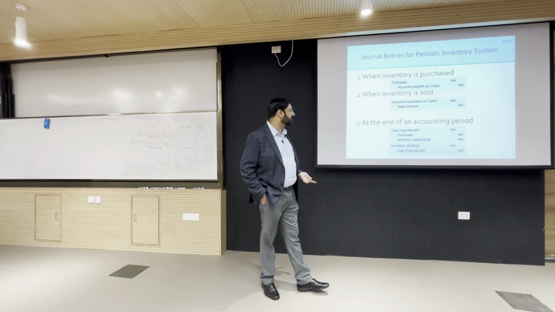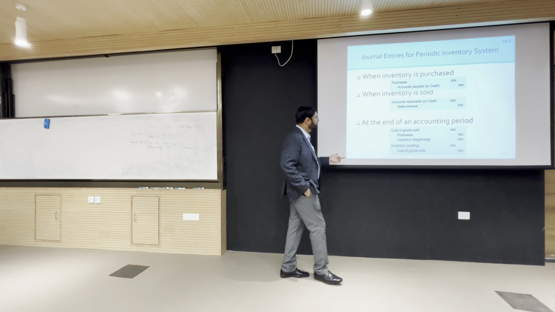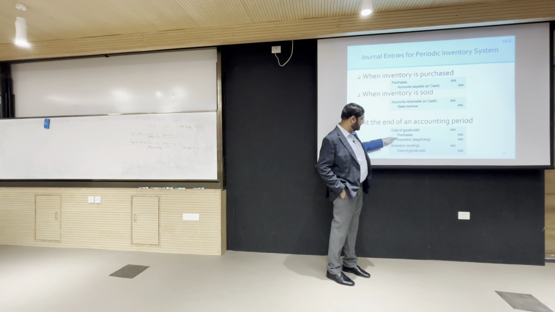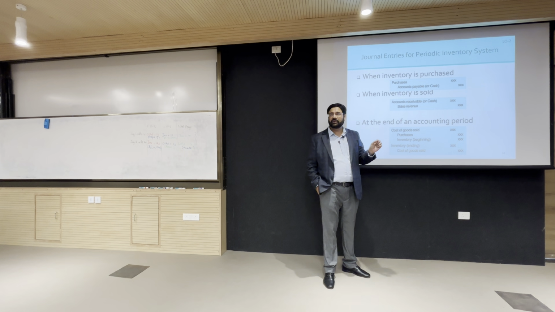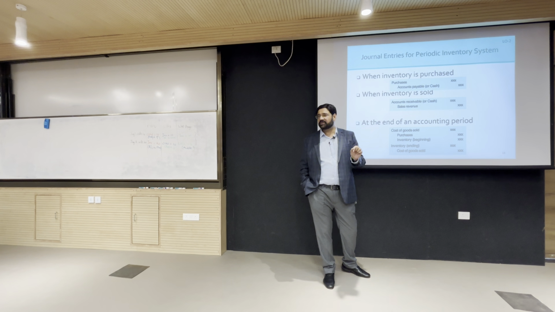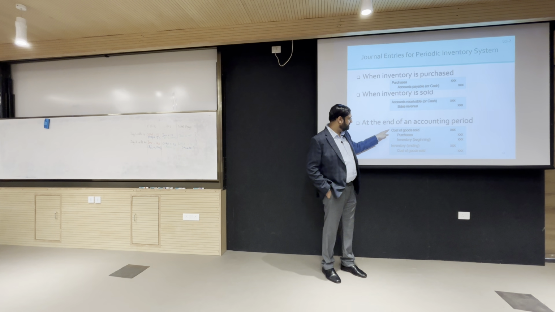And then what do you do at the end of the accounting period? Look at this. What we just saw in the previous slide was opening stock plus purchase minus closing stock is cost of goods sold. So opening stock plus purchase minus closing stock represents the cost of goods sold.